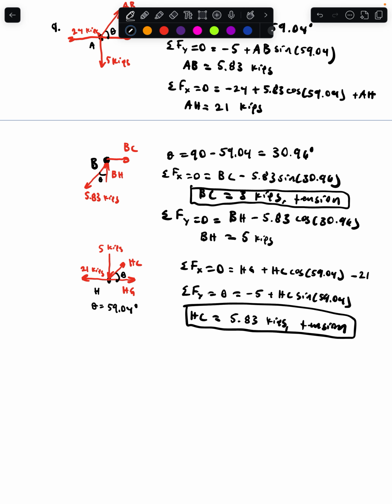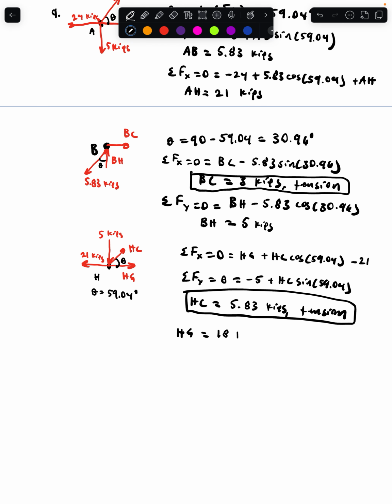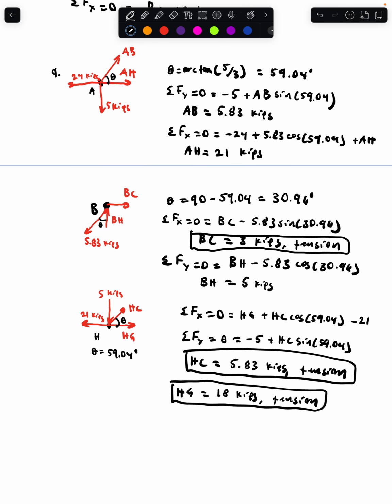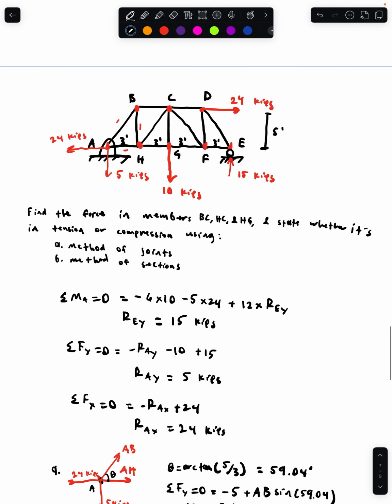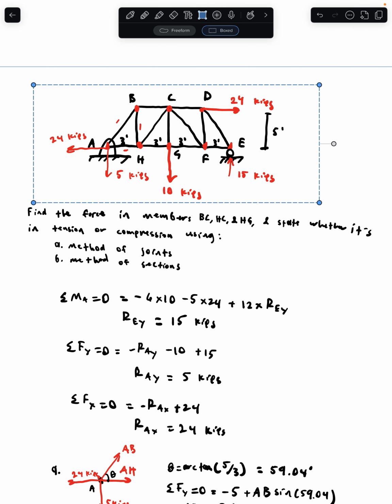Okay, and then back solving for the x equation, HG is going to be 18 kips, and that is in tension. Alright, so we've answered the first part of the question, which is the method of joints. And so now we're going to do the method of sections, and we should get the same answers.